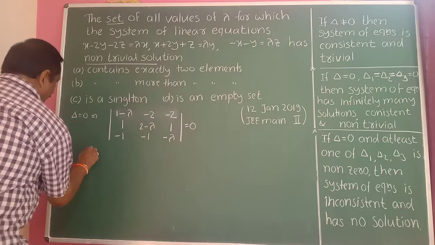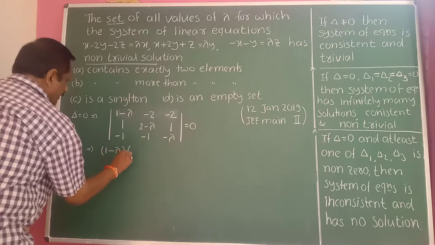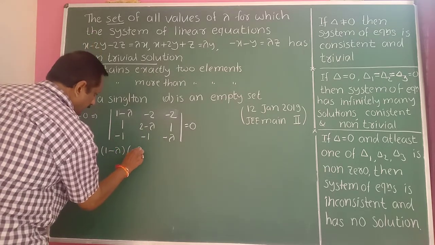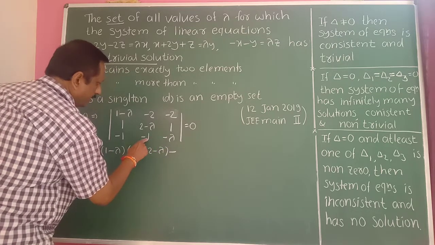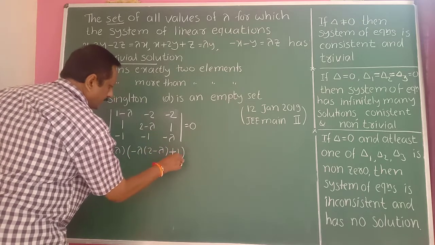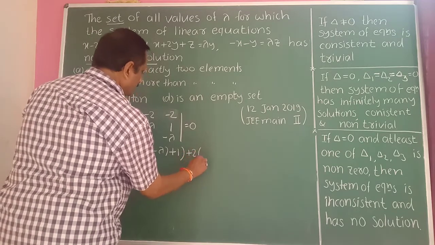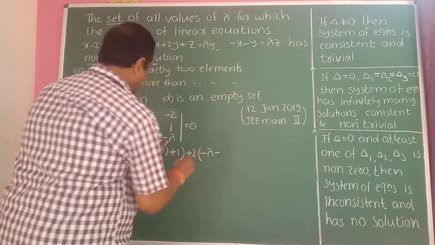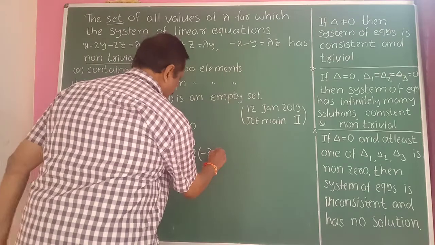So this implies 1 minus lambda, keep as it is, into bracket: minus lambda into 2 minus lambda, minus 1 into 1 is minus 1, and minus of minus becomes plus 1. Then minus of minus becomes plus 2, into bracket: 1 into minus lambda is minus lambda, minus 1 into 1 is minus 1, minus of minus becomes plus 1.